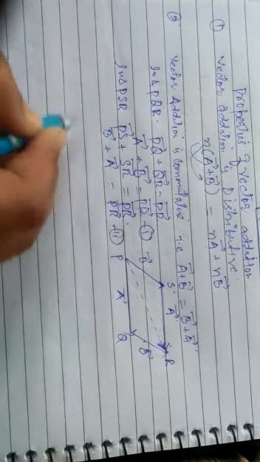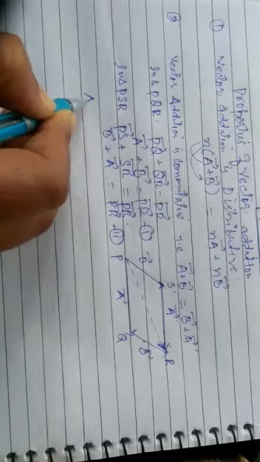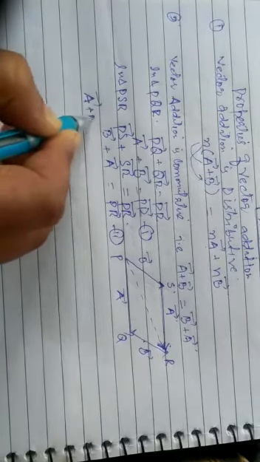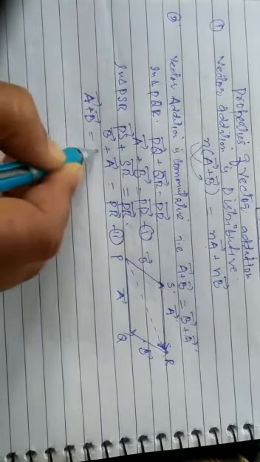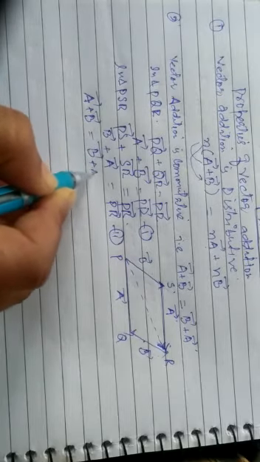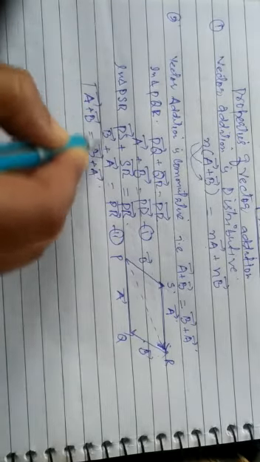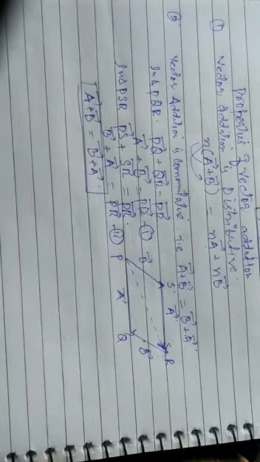From first and second we can say vector A plus vector B equals vector B plus vector A. That is, vector addition is commutative in nature.